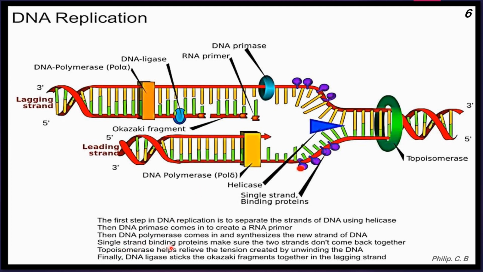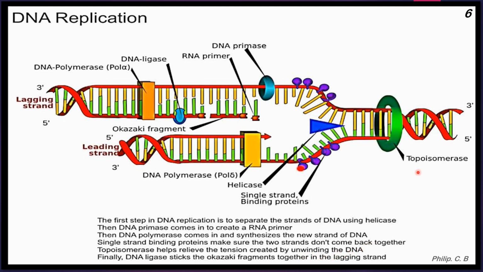Further, single strand binding proteins make sure that the two strands do not come back together. So here the binding proteins which are present do not allow the strands to come back together. Further, topoisomerase helps relieve the tension created by unwinding the DNA.